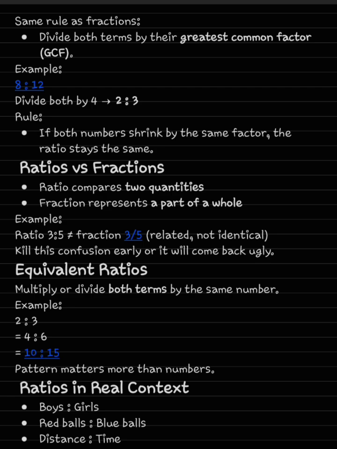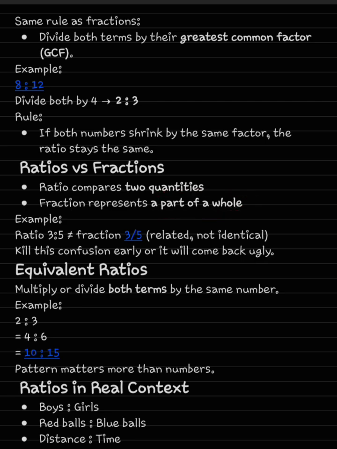Ratios versus fractions. A common point of confusion is treating ratios and fractions as the same entity. While they look similar, their definitions differ significantly. A ratio compares 2 distinct parts to each other, such as 3 boys to 5 girls. In this case, the total group consists of 8 parts. A fraction represents a part of a single whole.